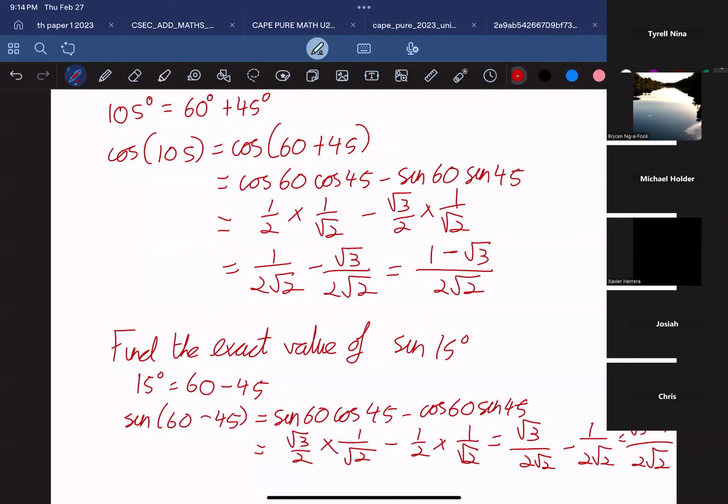All right, so that's what they want from you essentially. And again, your calculator will give you the value, but you'll lose marks because they want to see your working.